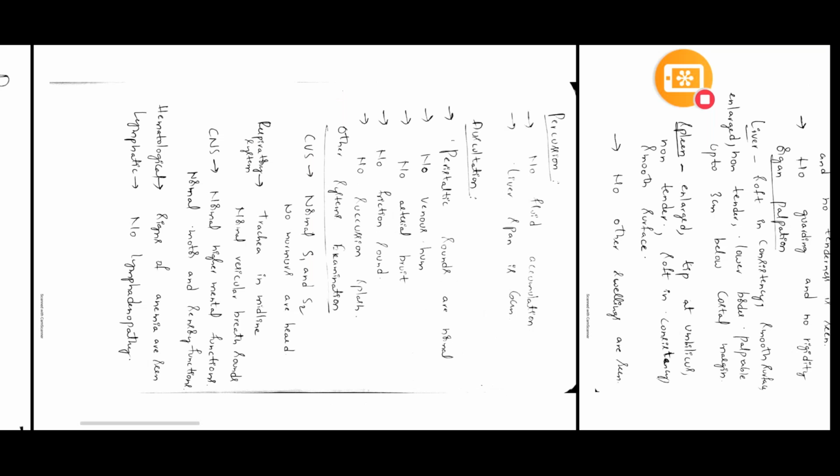On percussion, no fluid accumulation is seen. Liver span is 6 centimeters, sir. So is it normal or abnormal for that age? Sir, up to 12 years, 6 to 12 centimeters.